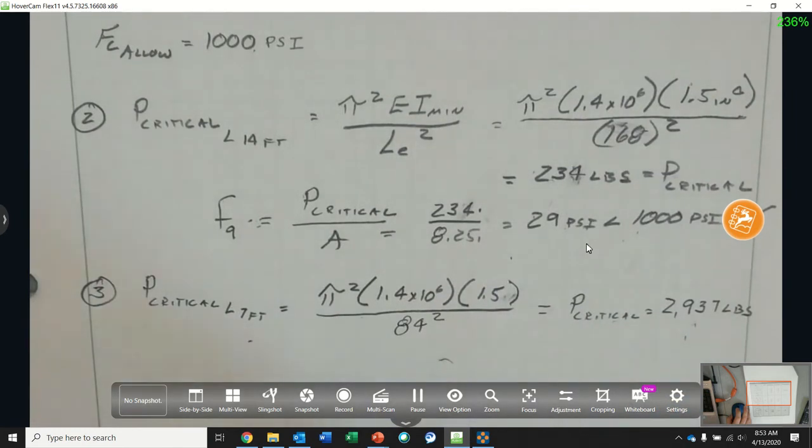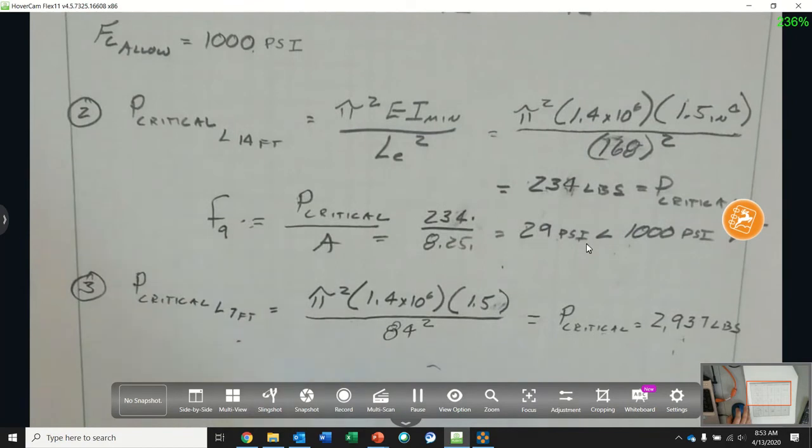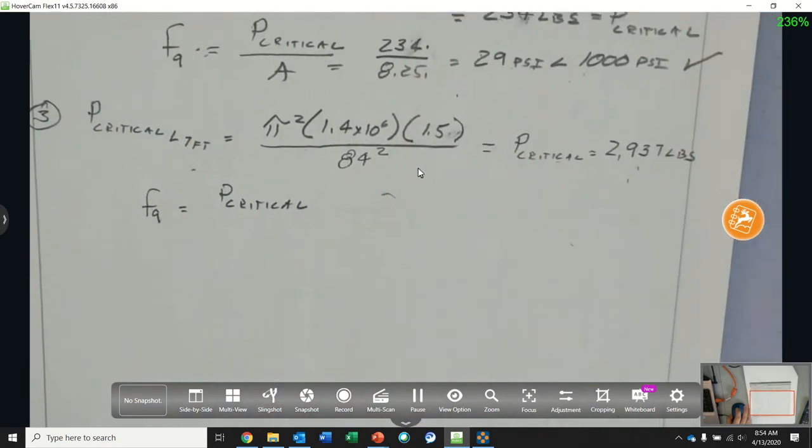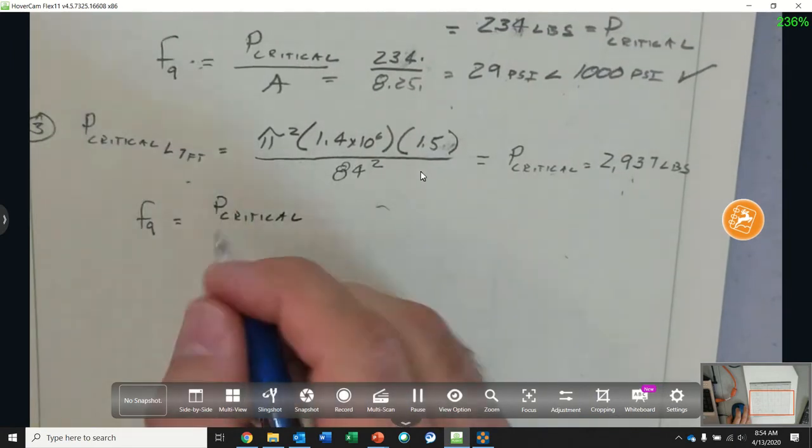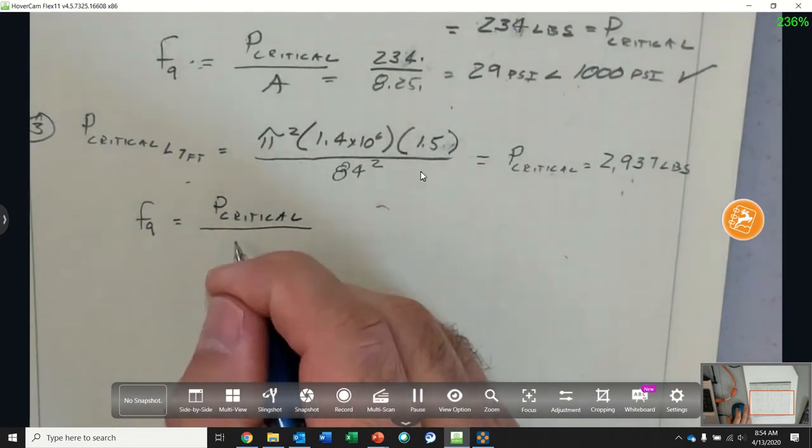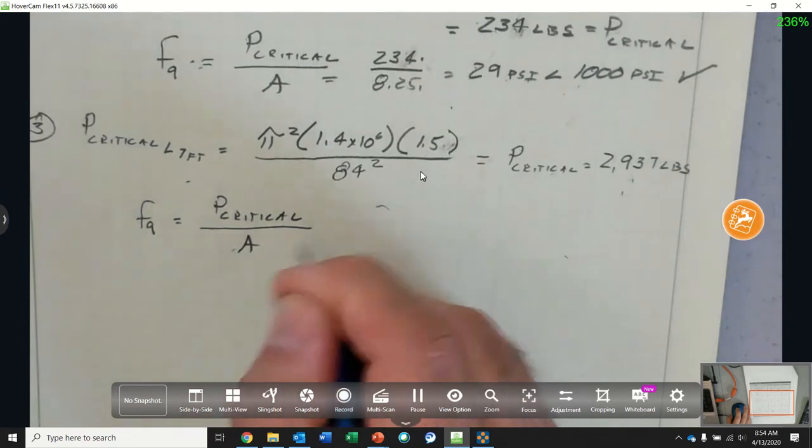But now we have to check our actual stress, which equals P critical divided by area again.